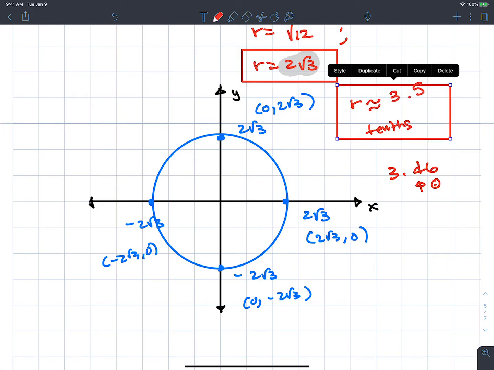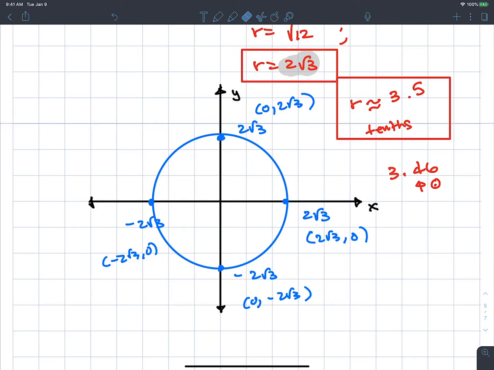So this is another way we can do this. We can approximate this so that when we sketch this curve, as you guys can see, 1, 2, 3, 4, we're not as accurate as the sketch. And that's okay. This is another way of doing it.